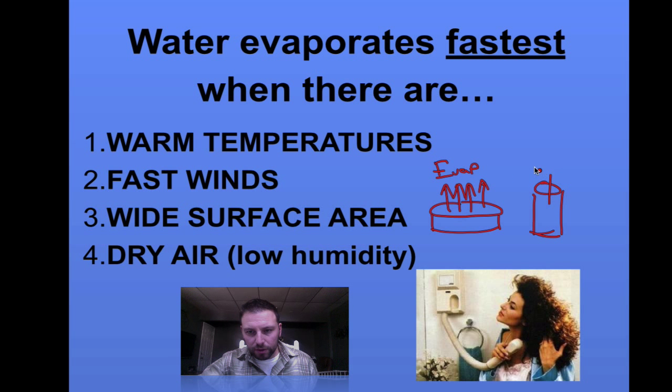This one right here may only have that much, or a lower evaporation. So the bigger the surface area, like we see here, the more evaporation. Like I said, also dry air or low humidity. If the air is unsaturated, it makes it easier for water vapor or water molecules to make it into the air.